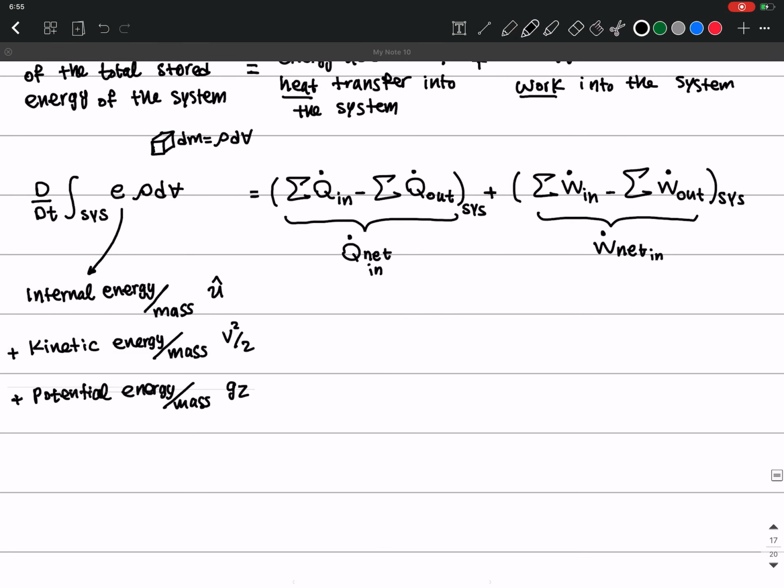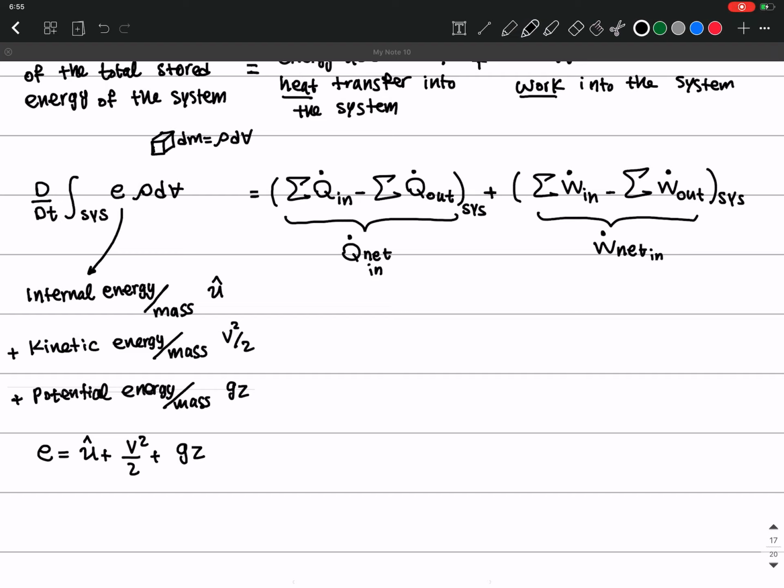So the total energy of the system equals the sum of the internal energy plus kinetic energy, V squared over 2, plus potential energy, gz.